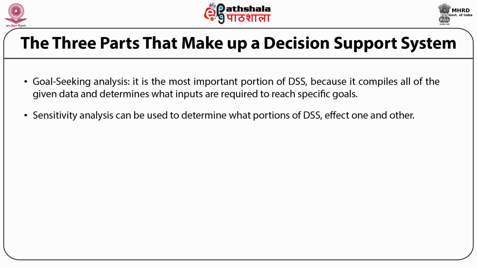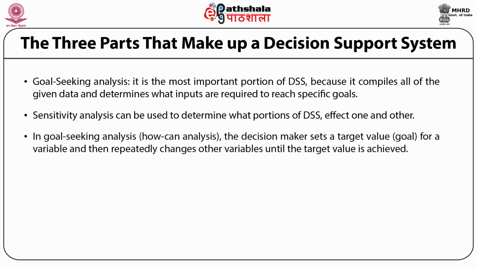Sensitivity analysis can be used to determine what portions of the decision support system affect one another. In goal-seeking analysis, or the how can analysis, the decision maker sets a target value, which is referred to as the goal, for a variable and then repeatedly changes the other variables until the target value is achieved.